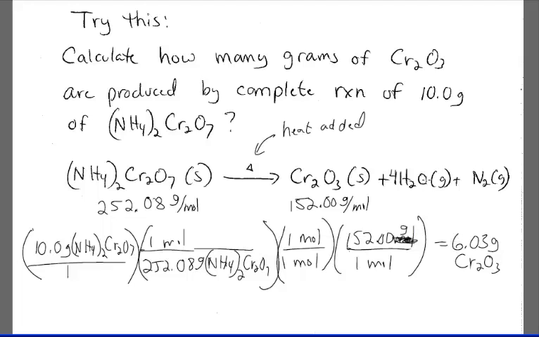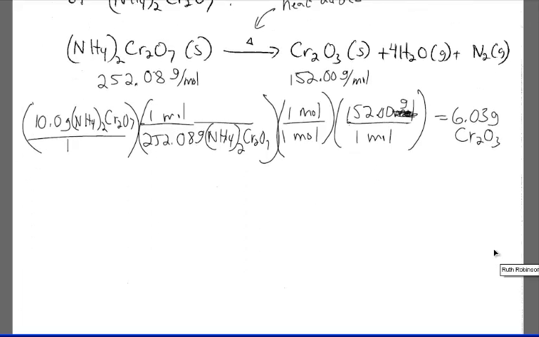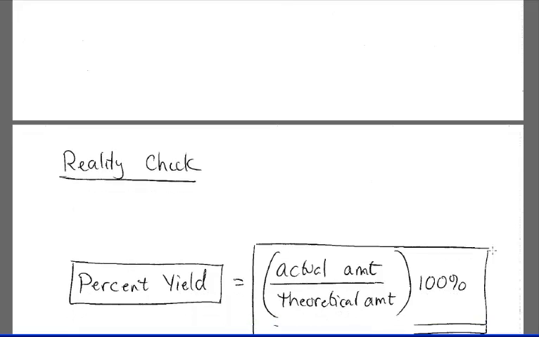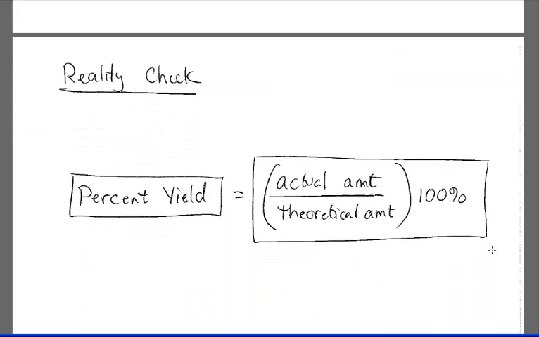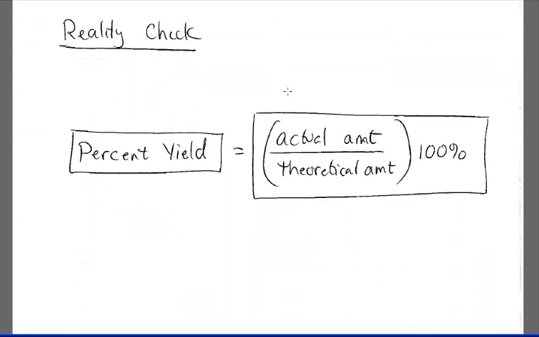So even though we've calculated how much would be formed from 10 grams, just because we stick 10 grams in a container and light it on fire doesn't mean it's all going to react. We have to think about what reality is. In reality, reactions don't always go to completion.